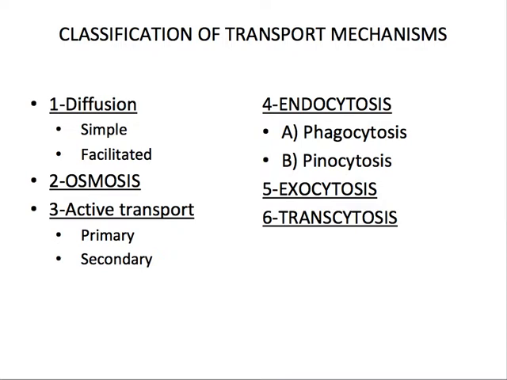And keep in mind that the rest of the mechanisms which are mentioned here, the endocytosis, exocytosis, and transcytosis, they all are active transport mechanisms, which we will study, that the active transport is the mechanism which needs an extra source of energy. So keep in mind that the endocytosis, exocytosis, and transcytosis, they are the subtypes of active transport.